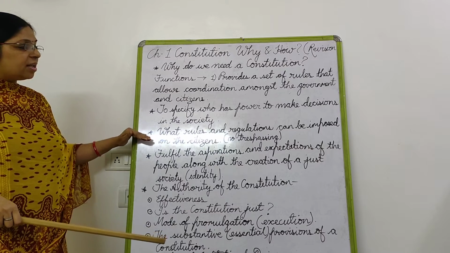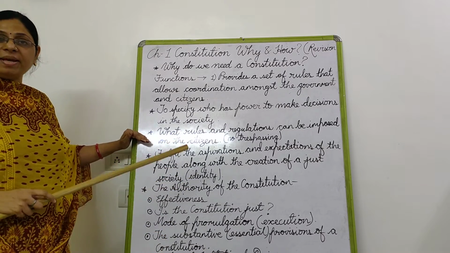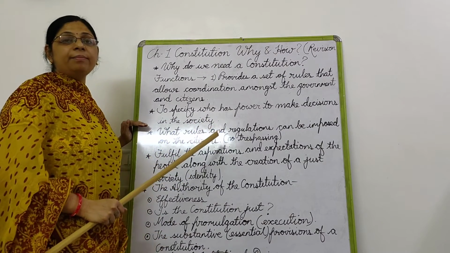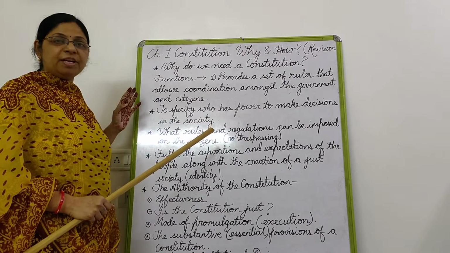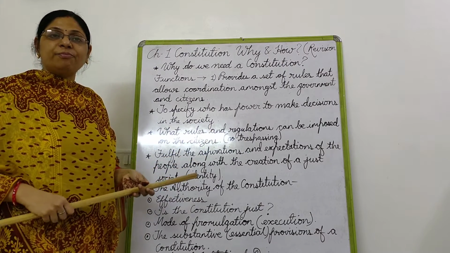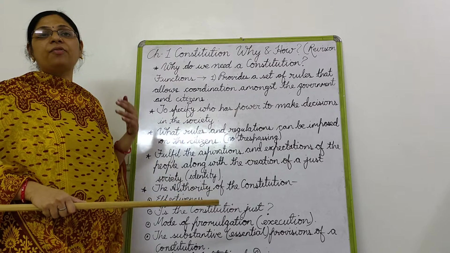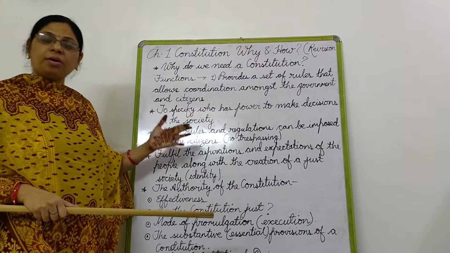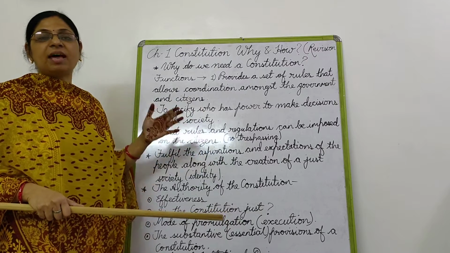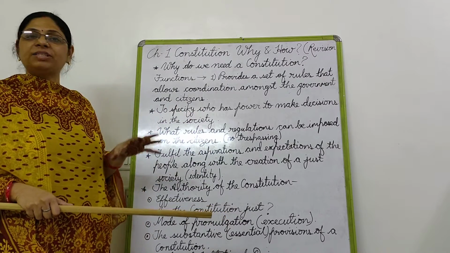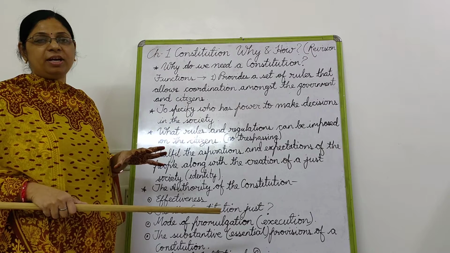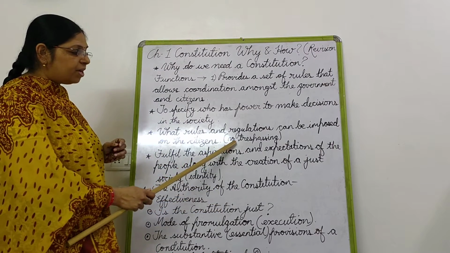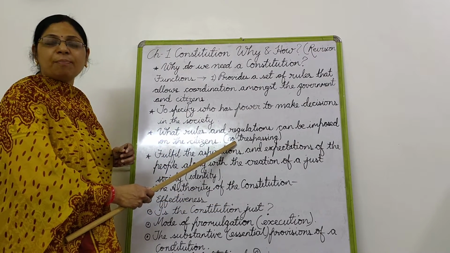So, our constitution provides for basic freedom of expression, freedom of movement, freedom to practice any profession, and so on. These freedoms are known as the fundamental rights of the citizens of India. Now, the government of India cannot trespass them.